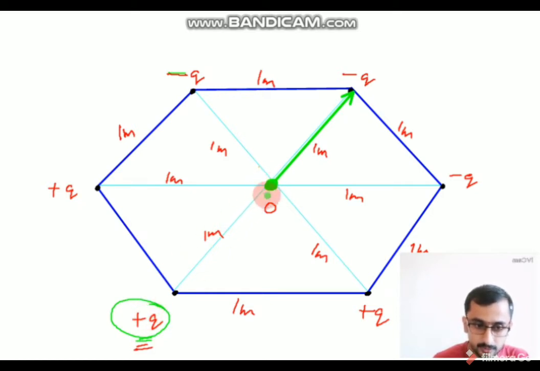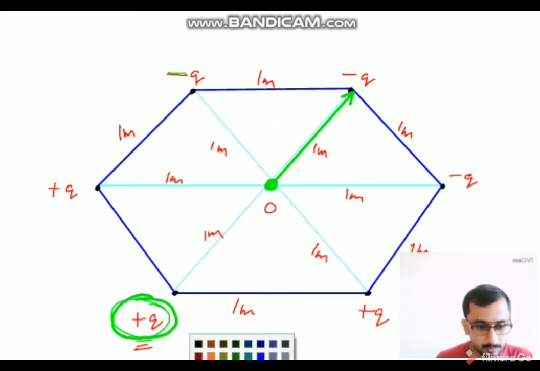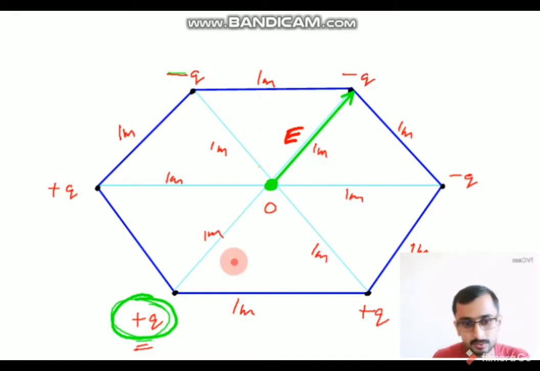Therefore the direction of electric field at the point O due to this charge will be along this direction. Let its magnitude be E, the magnitude of electric field at this particular point O due to this charge.